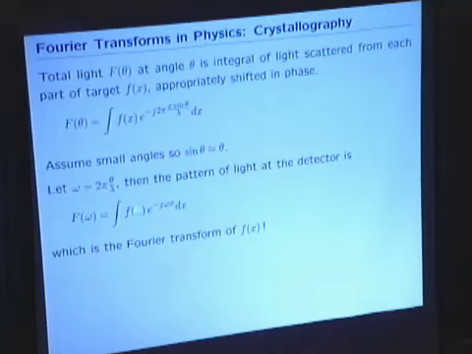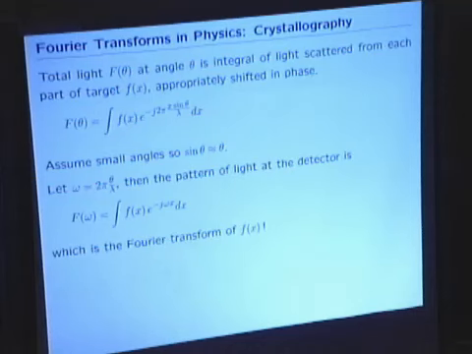So I'm thinking about now the far field, which we had previously called dependent on theta. Theta is just omega. So I've got a relationship now between how much scattering happens at each x in the target and what does the picture look like in the far field. And that's a Fourier transform. Okay? So there's an exact Fourier transform relationship.